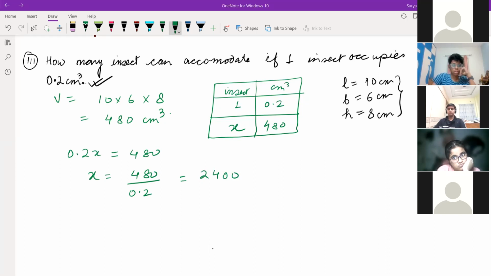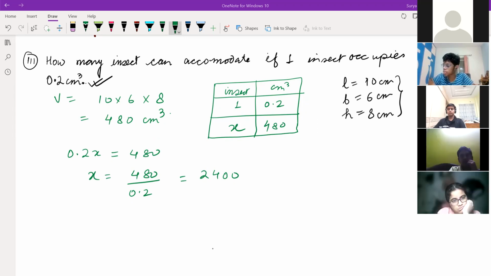All of you got the same. Someone got 1,580, 75.2. I calculated total surface area instead of volume. Bhumika also did it correctly. All right, so your answer is 2,400.